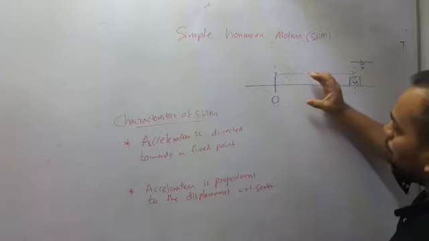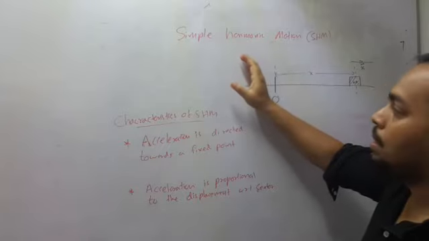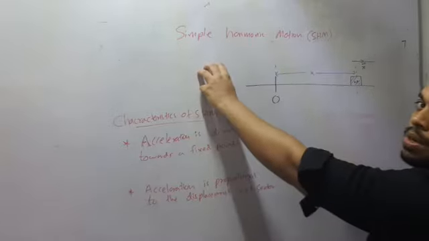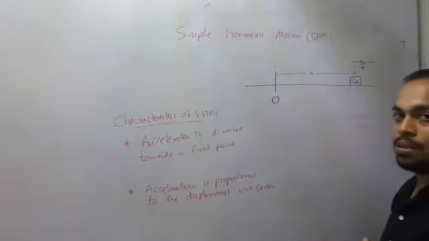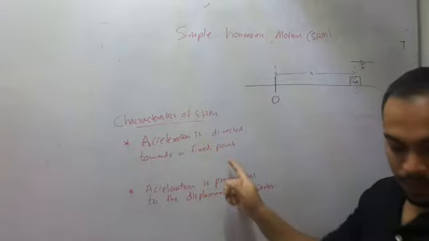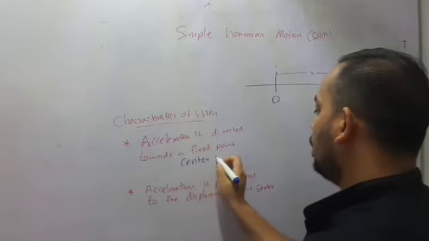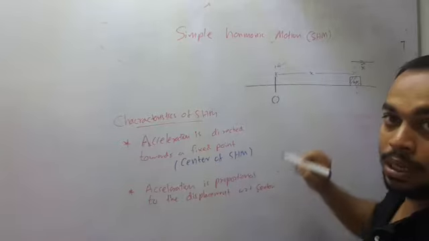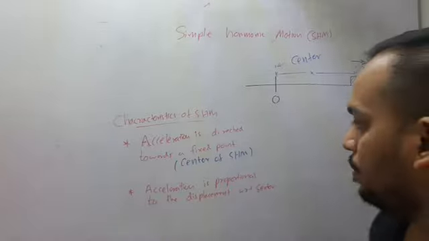When it is coming back towards O, it is accelerating towards O. When it just passes O, the direction of the acceleration changes, therefore it starts to move with deceleration until it comes to rest, turns around and comes back. So the acceleration is always directed towards a fixed point, and this fixed point is called the center of simple harmonic motion. In this case, this is the center.